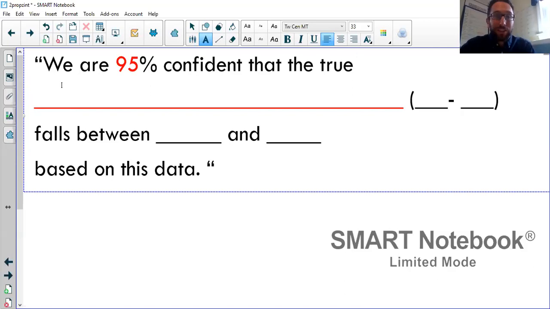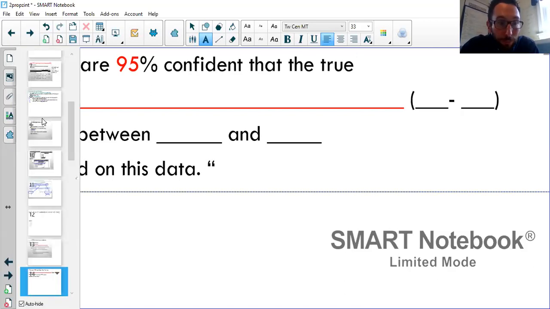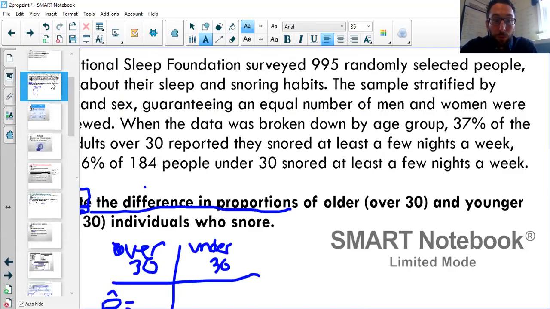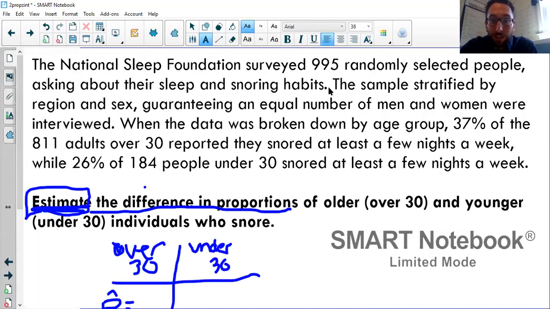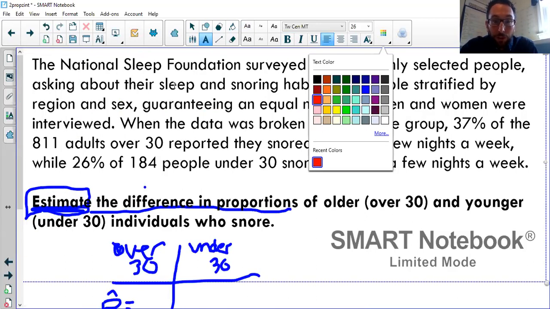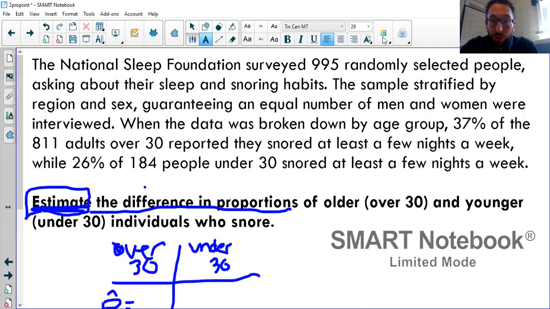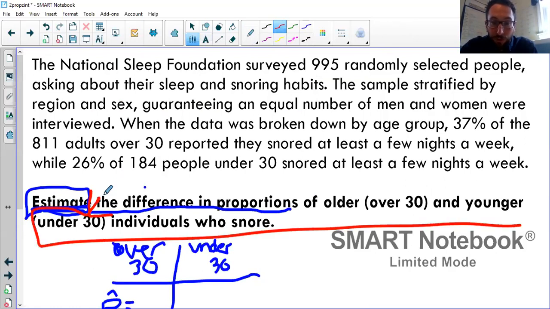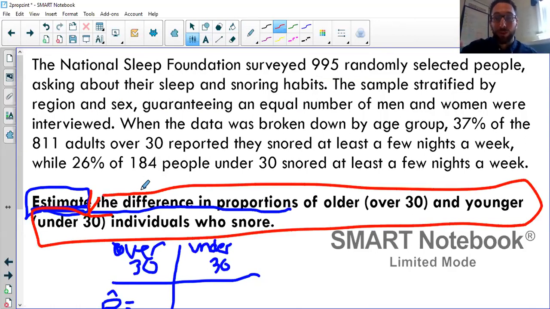So what were we estimating? If I jump all the way back to the beginning, what were we trying to estimate? We were trying to estimate the difference in proportions, percents of older and younger individuals who snore. So the blank we're about to fill in is the difference in proportions. That's the parameter we're trying to estimate, the difference in parameters.